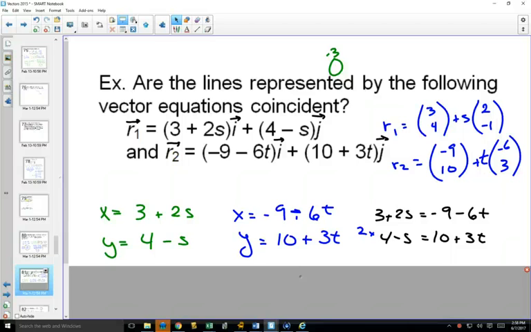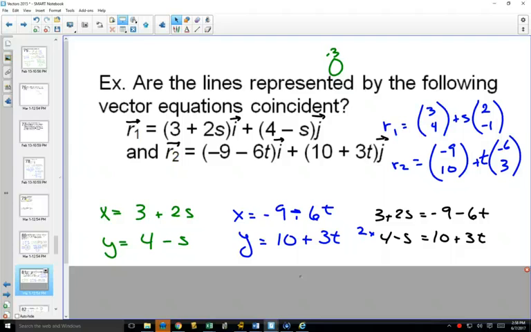So off to the side here, this would have been your regular vector equation of line. It's written with your unit vectors i and j. So whatever's in front of the i, that's like your x, and that's why we get x is equal to 3 plus 2s.